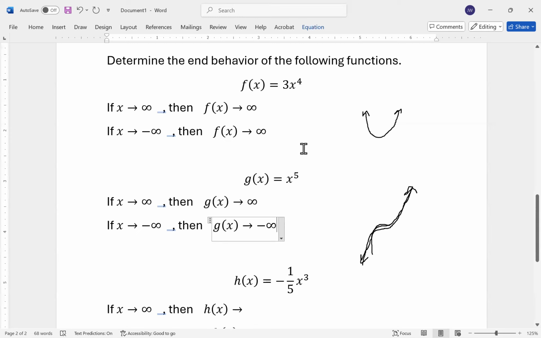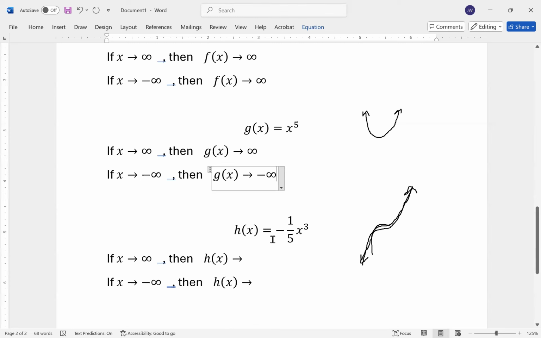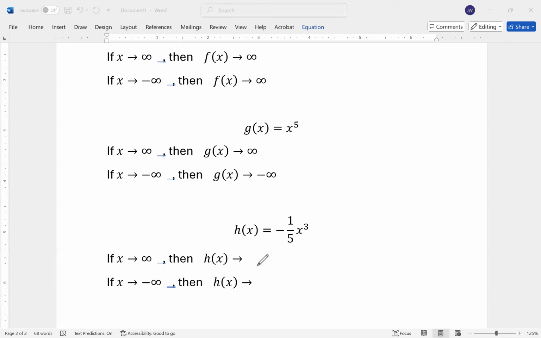Now, h of x is not going to do the same thing as this one. In fact, because h of x has a positive odd exponent, or a positive odd power, but h of x has a negative coefficient, we know that it's going to have the opposite shape as g of x.